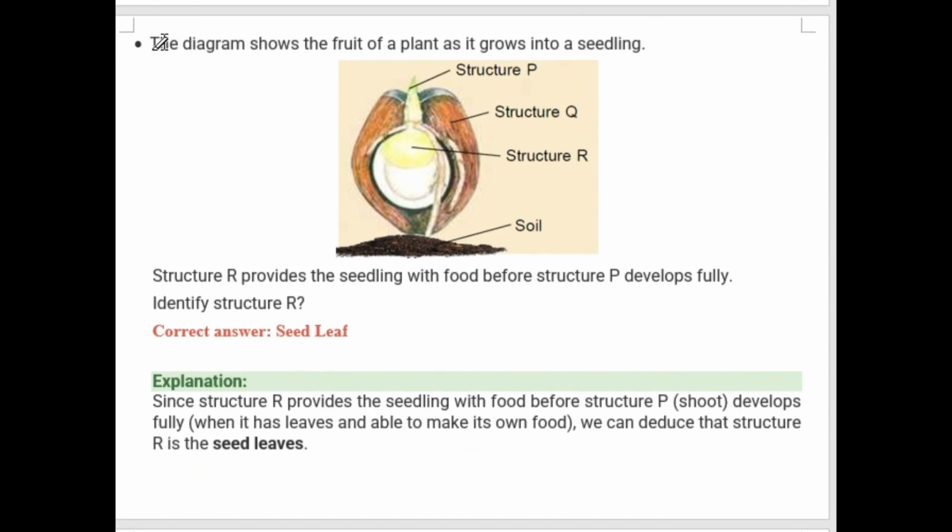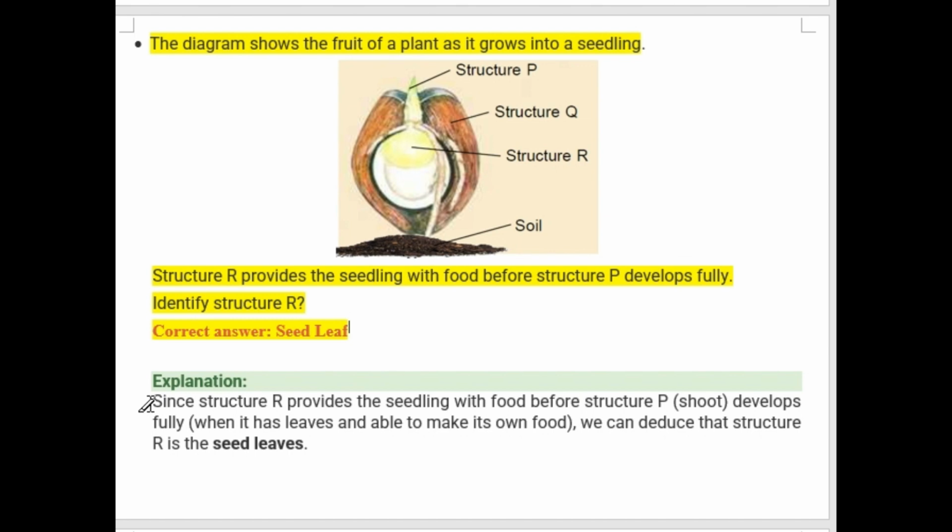The diagram shows the fruit of a plant as it grows into a seedling. Structure R provides the seedling with food before structure P develops fully. Identify structure R. Correct answer: seed leaf.